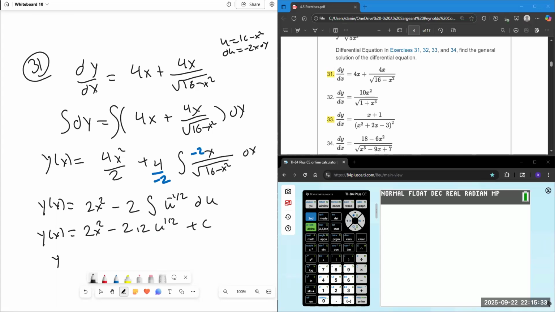So y of x is 2x squared minus 4 root 16 minus x squared plus c.